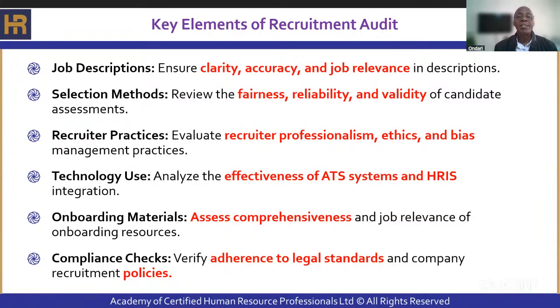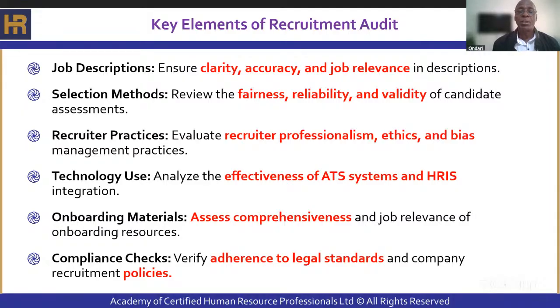And then lastly is job relevance. The jobs are relevant in two ways. One, they help the employee to perform jobs based on their qualifications. So the job must be relevant to the qualifications of the person being hired.